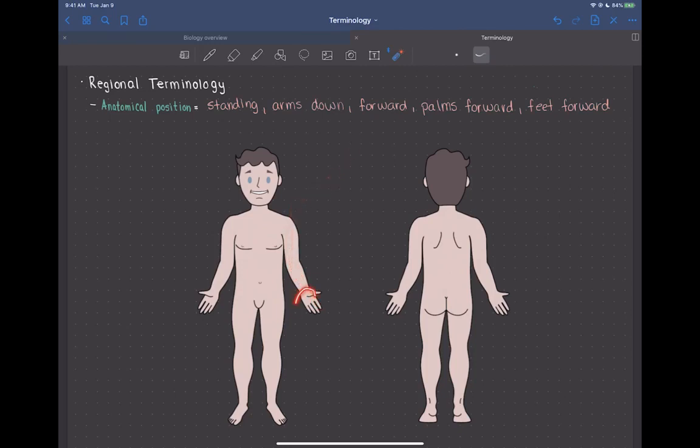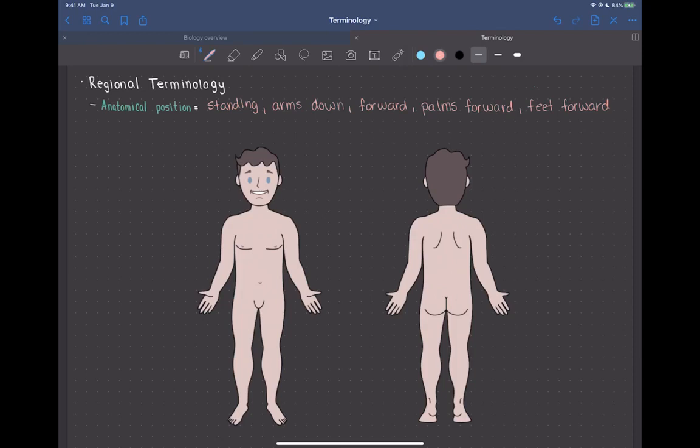You don't know if that hand is facing palm forward or palm backwards, unless you can assume that it's in anatomical position. So anatomical position is very important when we're discussing different regions and parts of the body. We can all just assume that the body is in this exact position. It gives us all the same reference point to be working from.